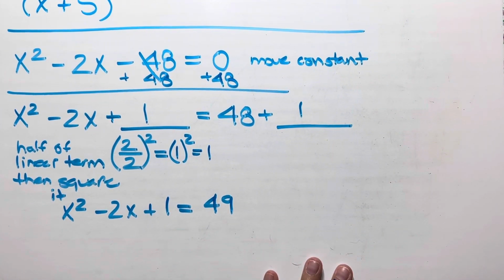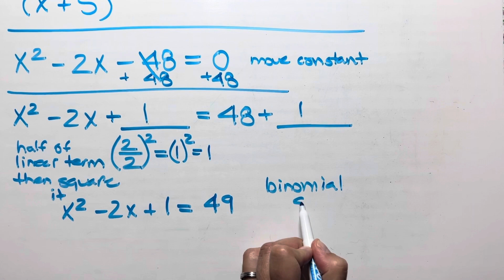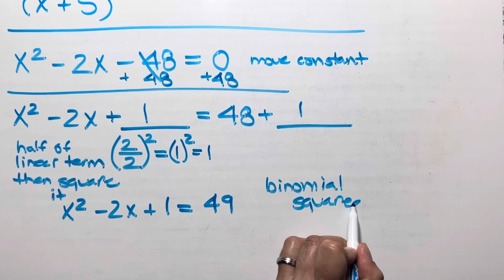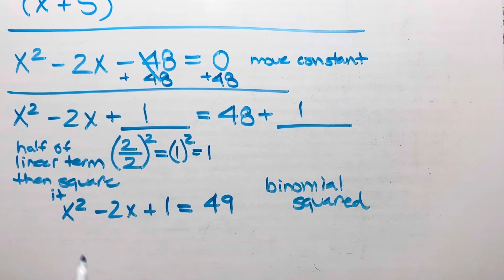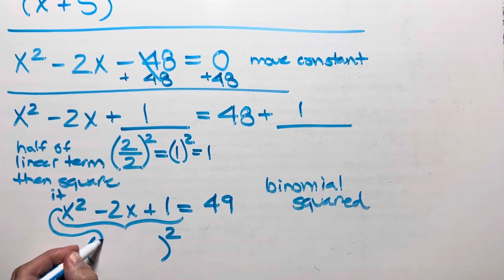Now, remember that we were trying to make it look like a binomial squared? That is what I need to do. And I'm going to show you a really easy way to write a binomial squared. So we're going to turn this into a binomial squared. And this is how we do it. I'm going to take a factor from my x squared, which is just x. X times x is x squared.